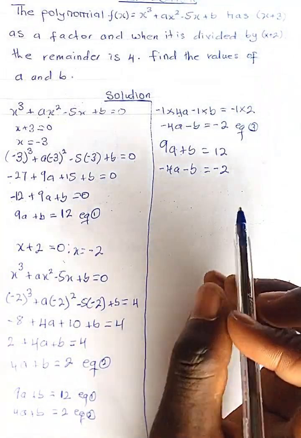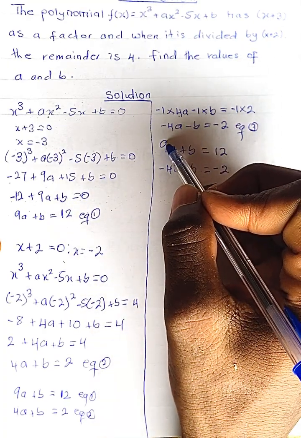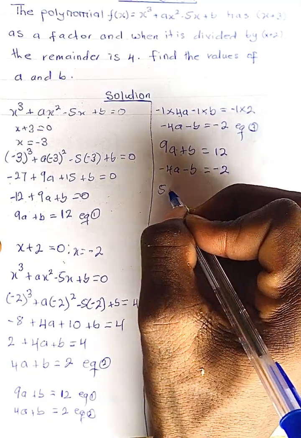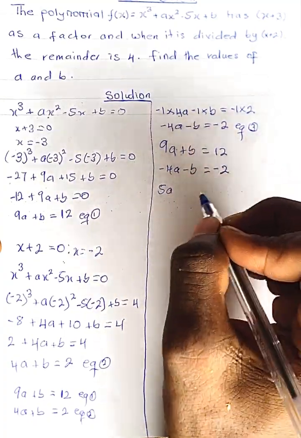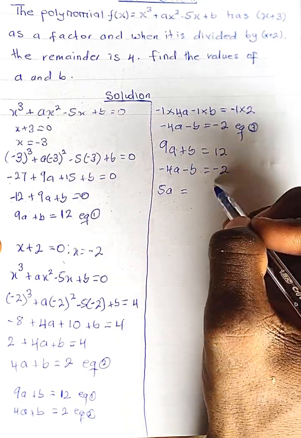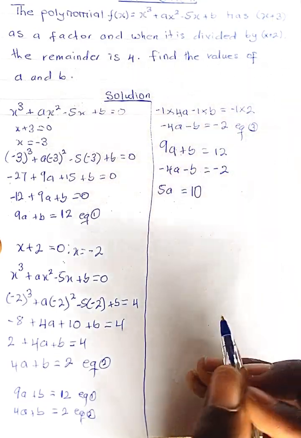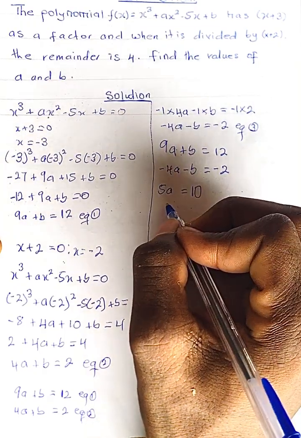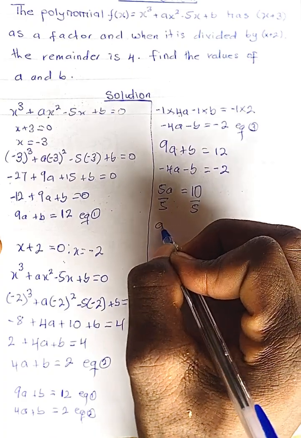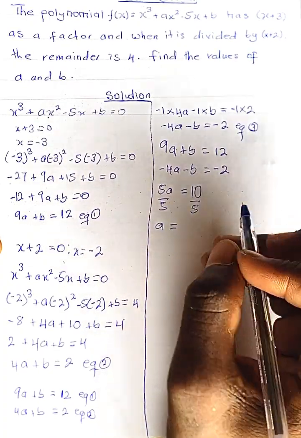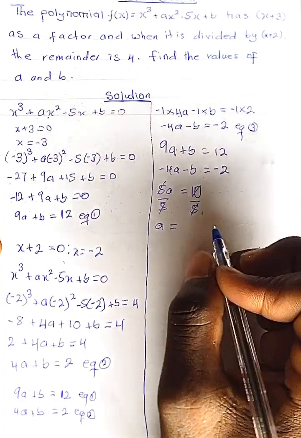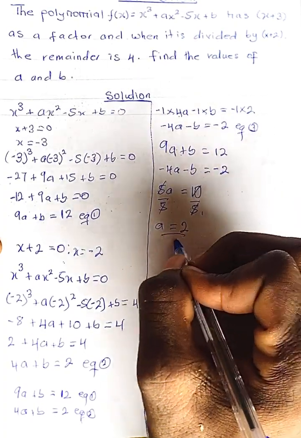When we add 9a to negative 4a, it will give us 5a. Negative b plus b gives us 0. 12 plus negative 2 gives us 10. So we divide through by 5. Our a is equal to 2.